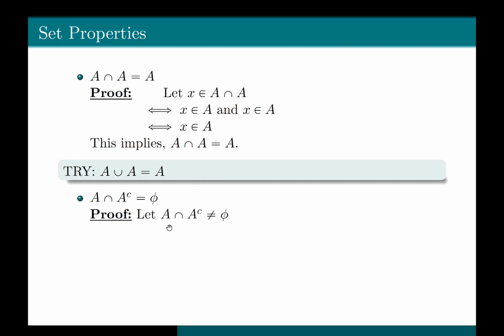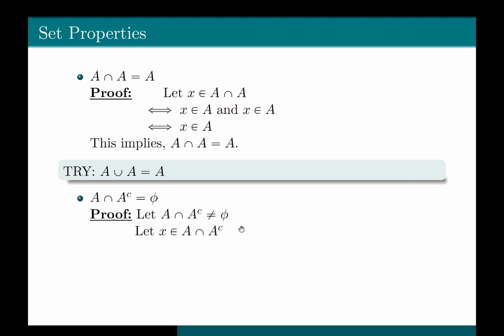If A intersection A complement is not empty, it means that there is at least one element in common. Let's say that X is an element which is in A intersection A complement.